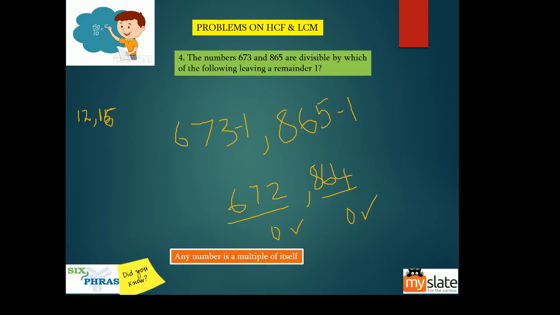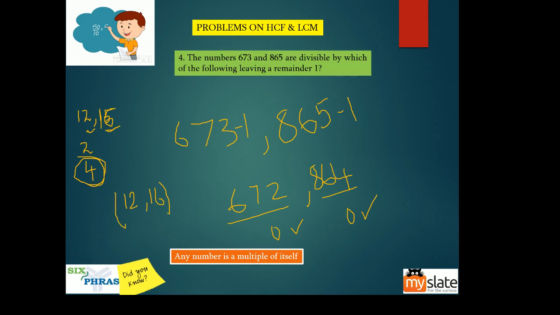Which number, if I divide, will give remainder 0 and 0? Yes, you divide by 2, you will get remainder 0 and 0, right? That is true. You divide by 4, you will get remainder 0 and 0. But I want the largest such number. The largest such number is nothing but the HCF of 12 and 16.